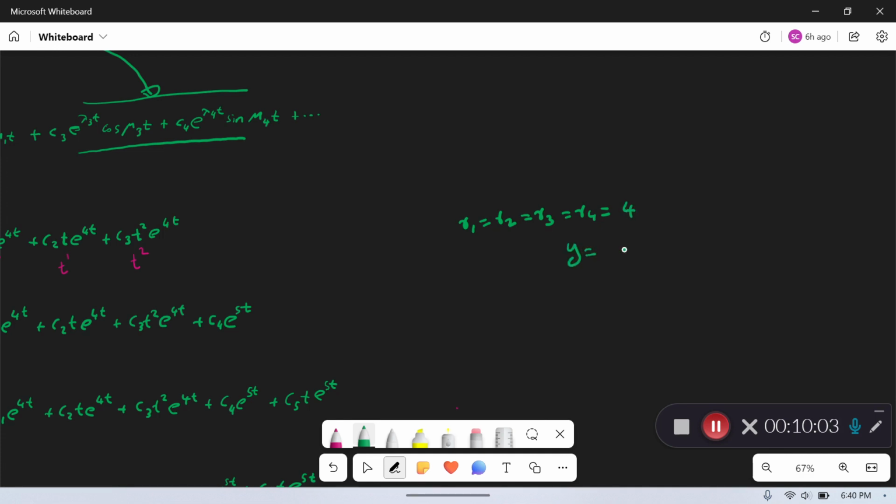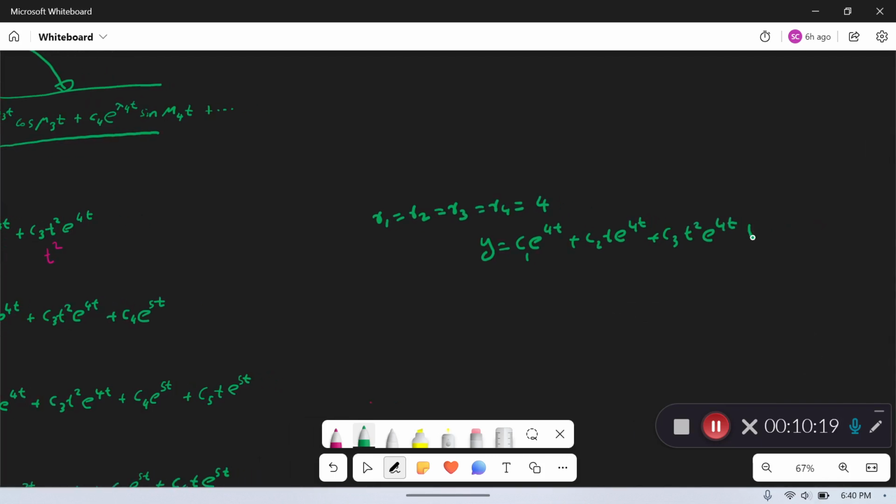Then the solution will be C1 e^(4t) plus C2 t e^(4t) plus C3 t^2 e^(4t) plus C4 t^3 e^(4t). So you have to have 4 terms altogether because of these 4 repeated roots. And here you have t^0, t^1, t^2, and t^3. That's the pattern we have.